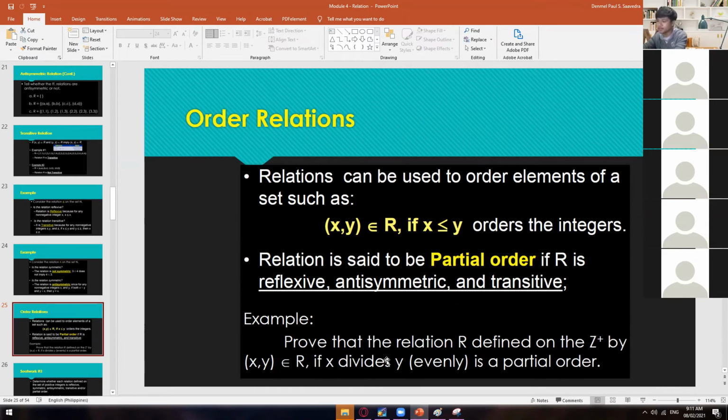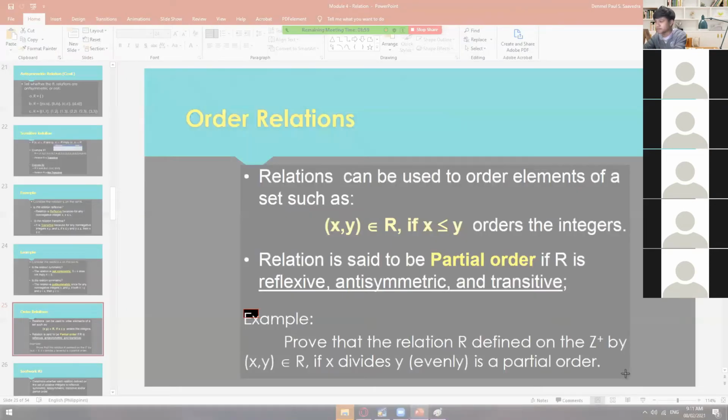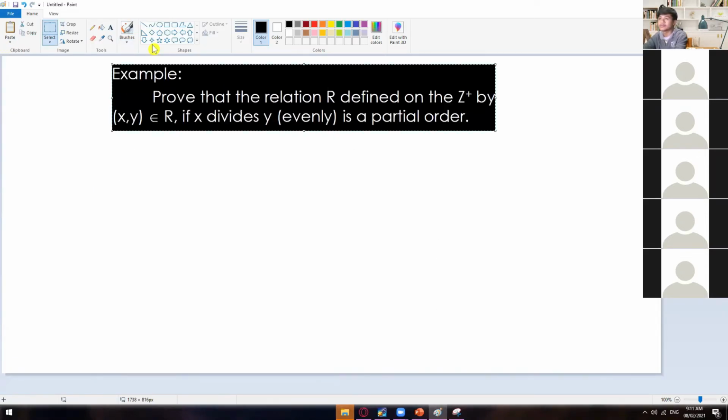So we should check whether this relation is really a partial order. Again, we'll just use three elements for the Z plus, the positive integers. So we'll just get 1, 2, and 3.